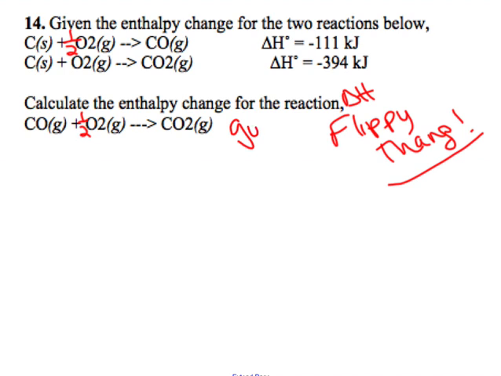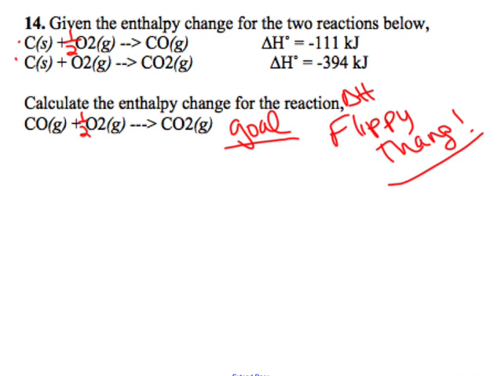Right here, this is the reaction we're finding the delta H for, so I call it the goal equation. That is our goal. We're going to manipulate both of these equations up top in order to get our goal. We can flip them, we can add them, we can multiply through by coefficients, we can do all sorts of things to them, but whatever we do, we need to end up with the goal. What kind of equations are both of those?